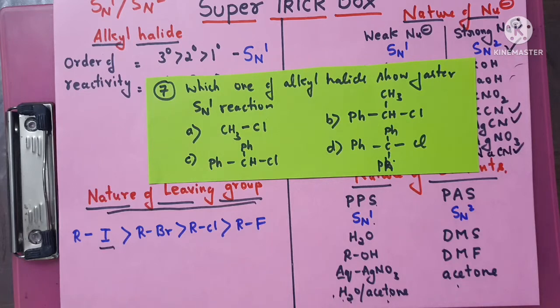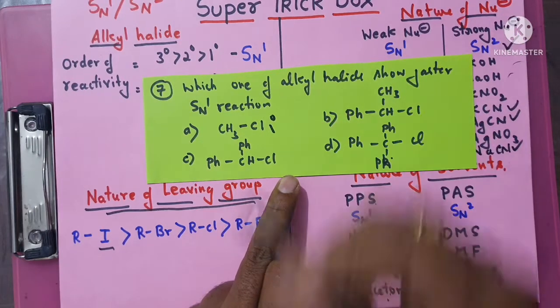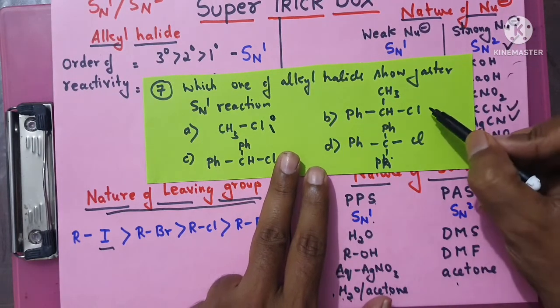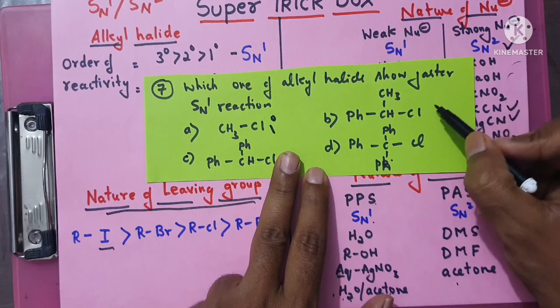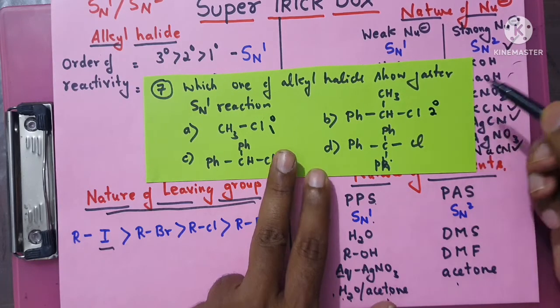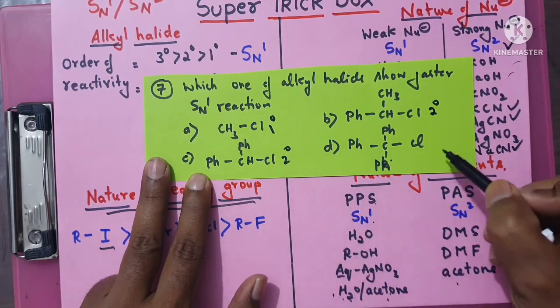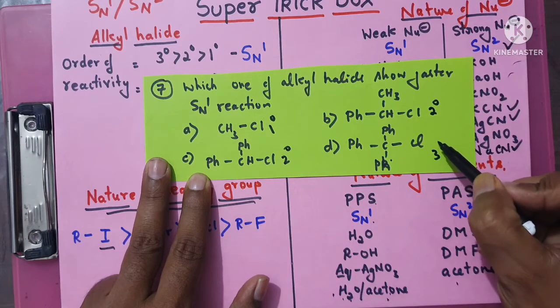If you observe in this, children, this is a primary alkyl halide. This is a secondary alkyl halide. And here we have a tertiary alkyl halide.